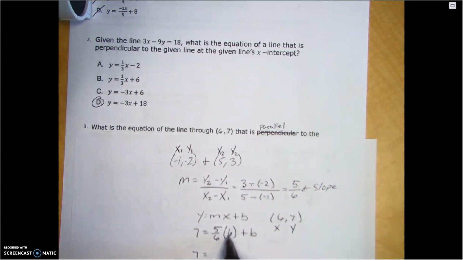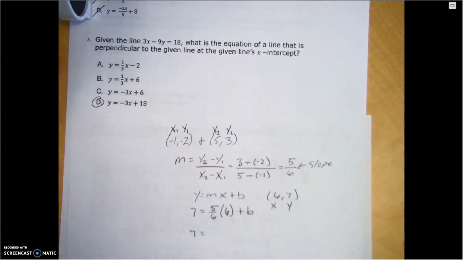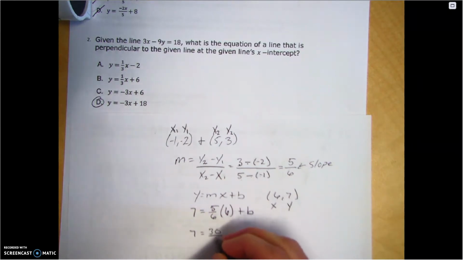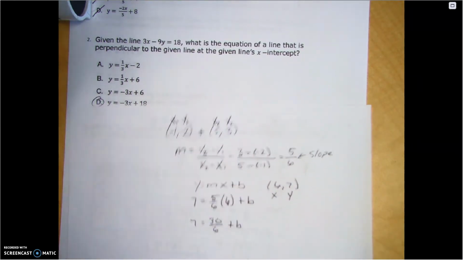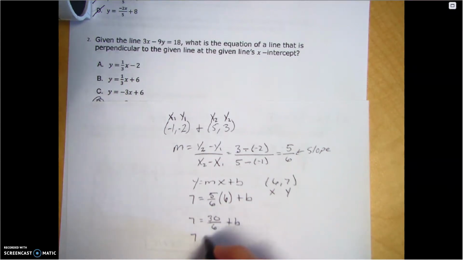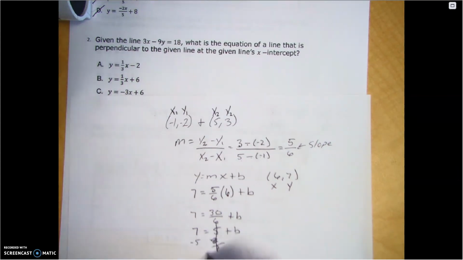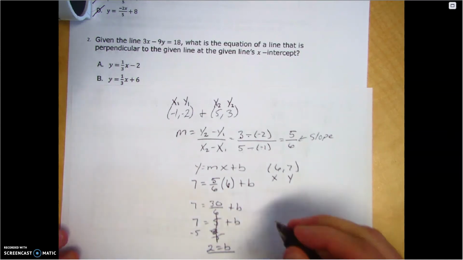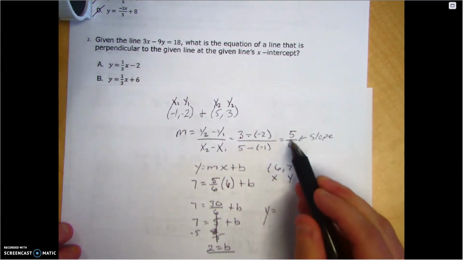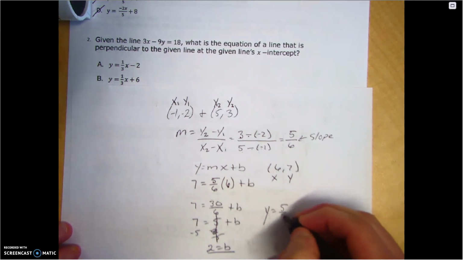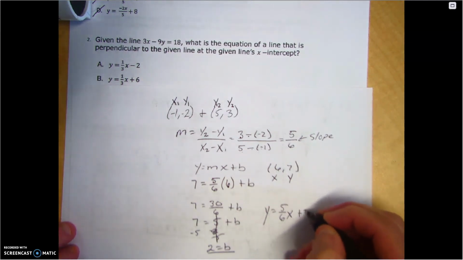To get rid of this, we are going to do 6 times 5, which is 30, and then we're going to say over 6. And then we're just going to keep rewriting it. 30 divided by 6 is 5. To get b, I'm going to subtract 5. And 2 equals b. So my equation now, we know my slope because we're parallel, is 5 over 6x. My b is 2.